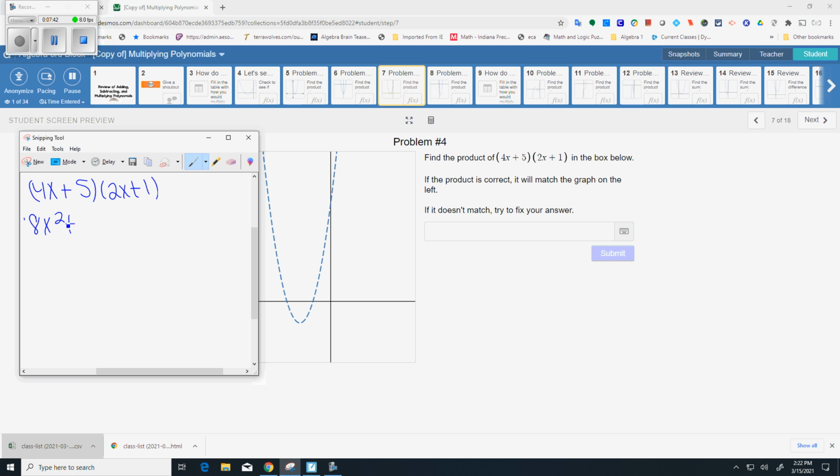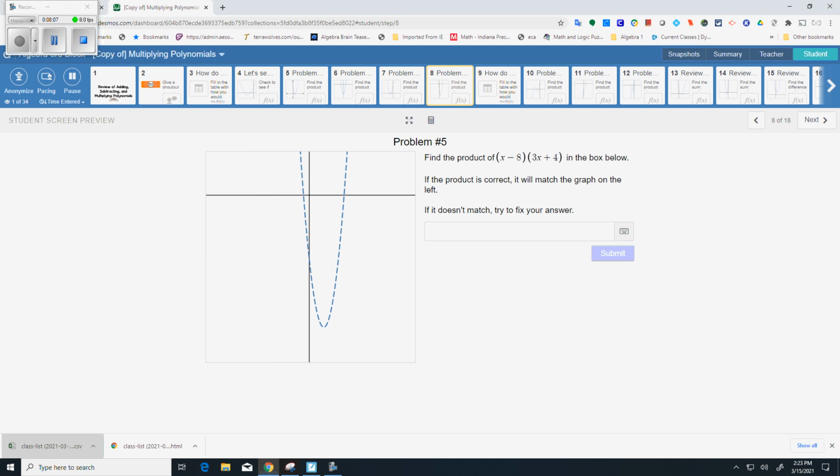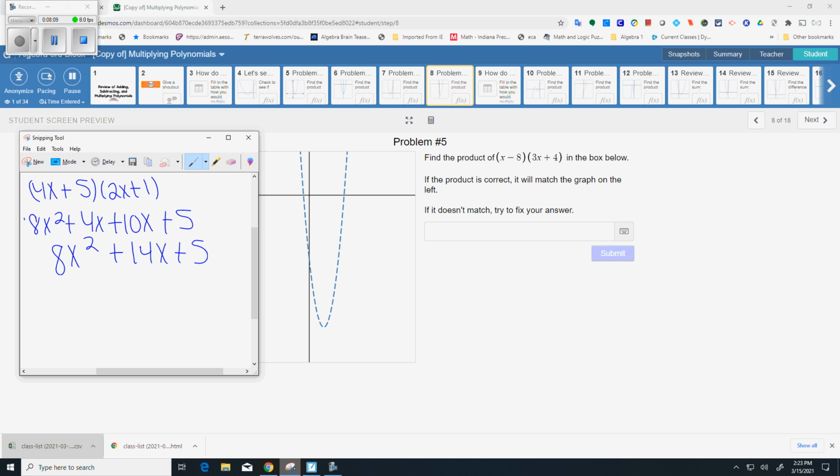Plus 4x times 1 is 4x, and then plus 5 times 2x, which is 10x, and plus 5 times 1, which is 5. Combine our like terms, and we get 8x squared plus 14x plus 5. And then on to screen number 8, problem number 5.